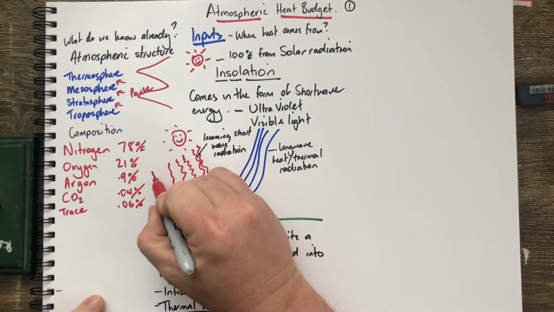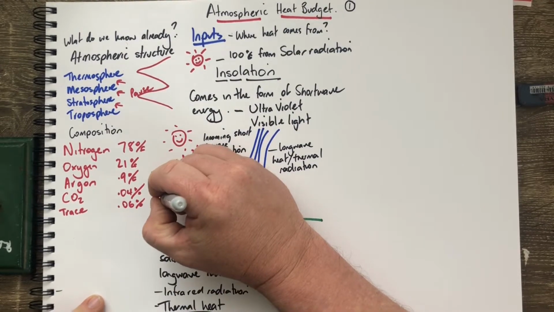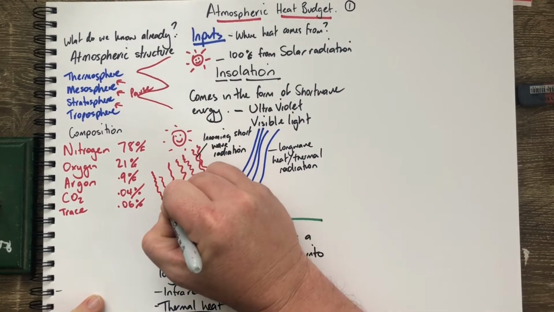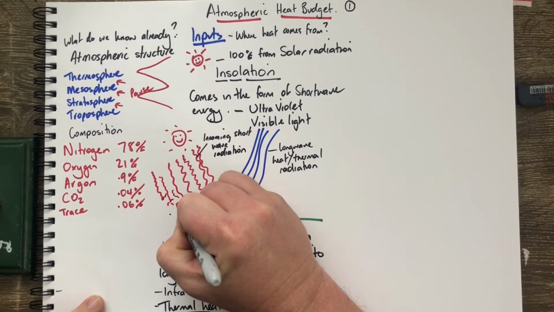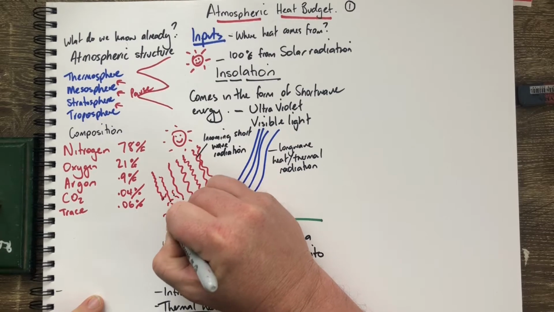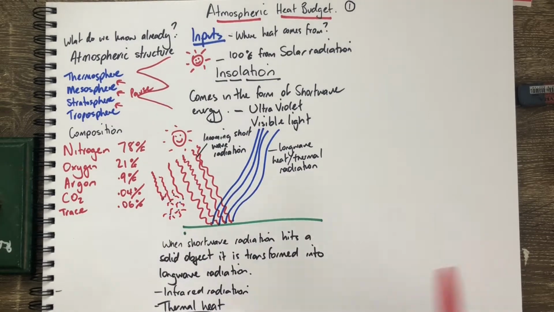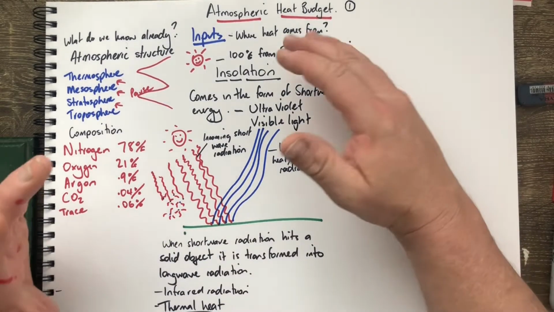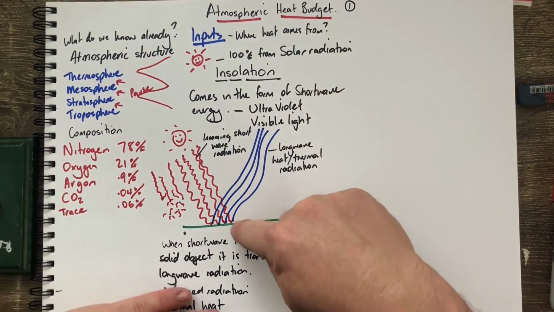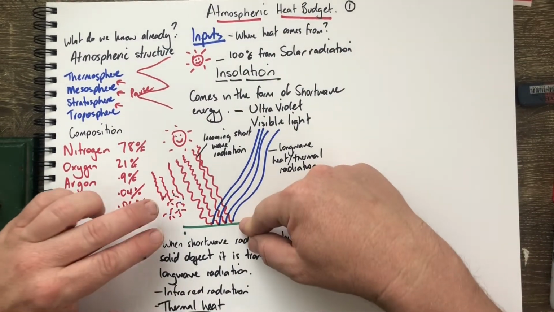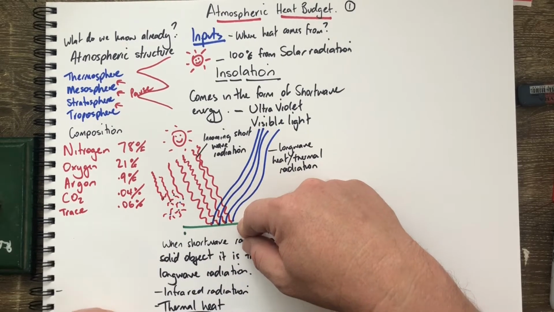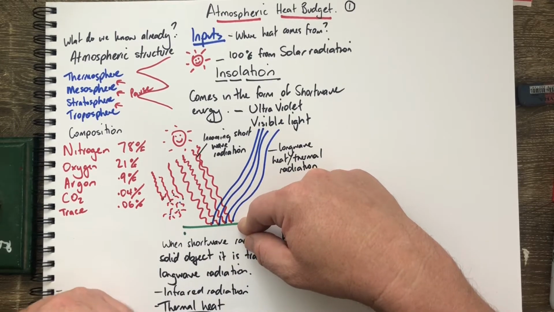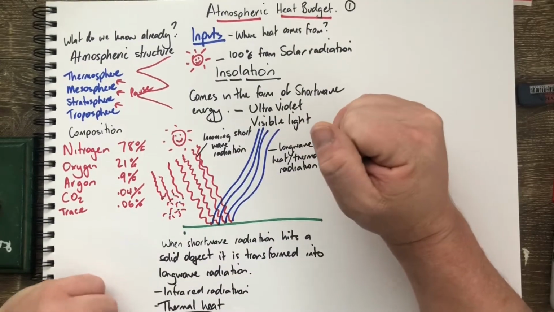And when it does, those shortwave radiation actually releases heat into the surrounding part of the atmosphere. So incoming solar radiation not only warms the surface of the Earth, but it also warms the atmosphere itself because it's hitting solid objects there. Okay, great. That's the first little part.